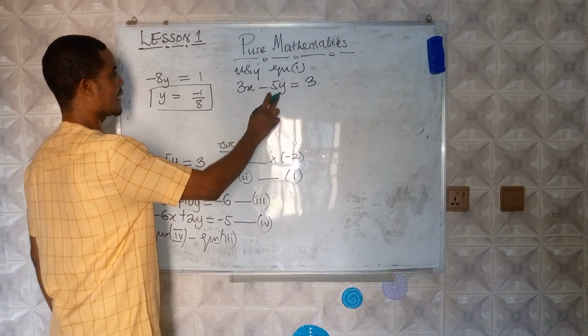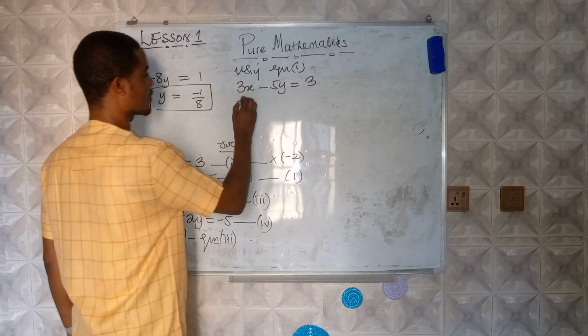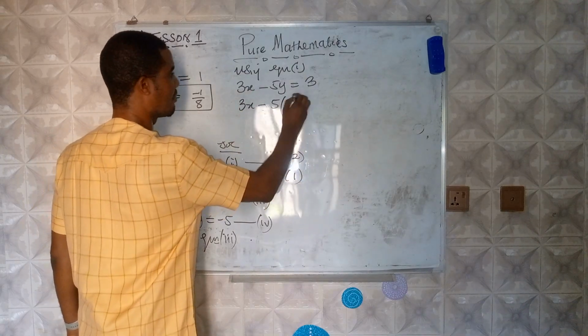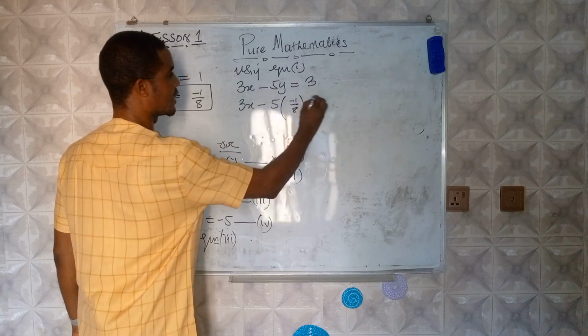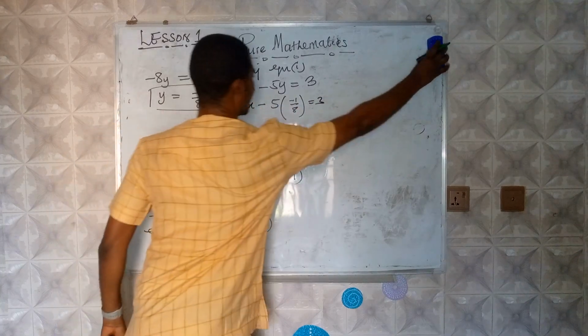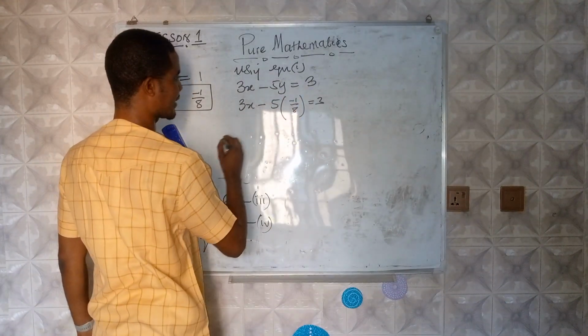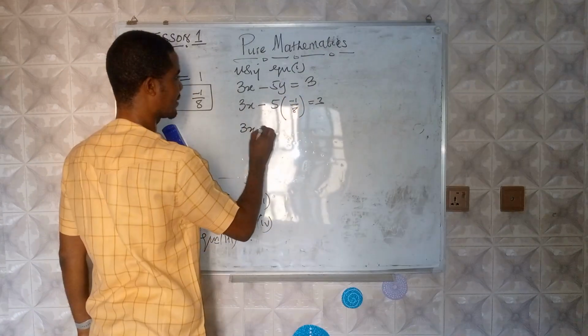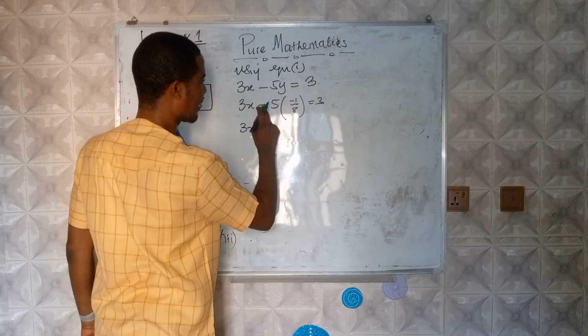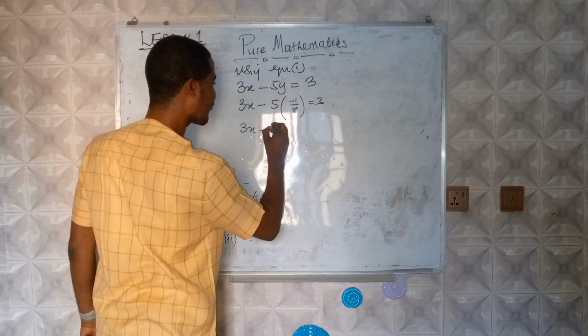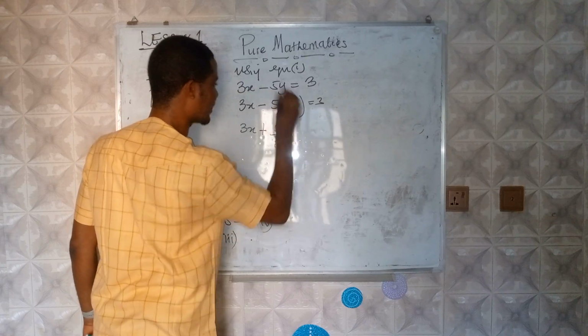But I already know that y is -1/8. So I have 3x minus 5 into -1/8 is equals to 3. So at this point, you have to be very systematic: 3x minus, this is -5 times, this will give me 5 plus 5/8.